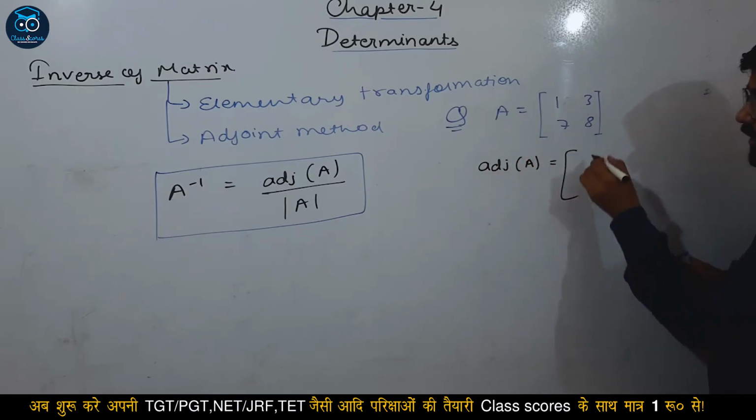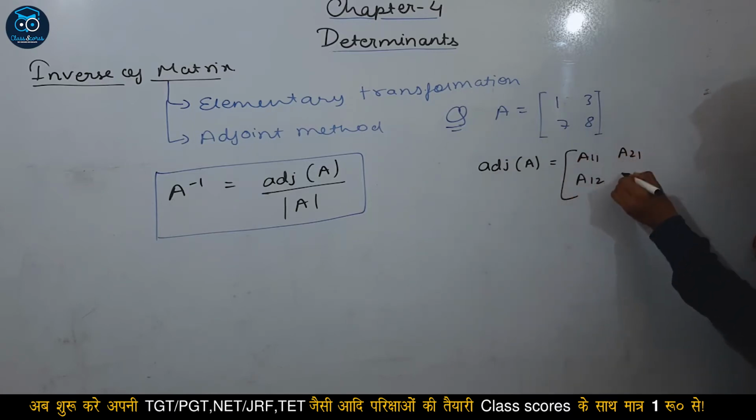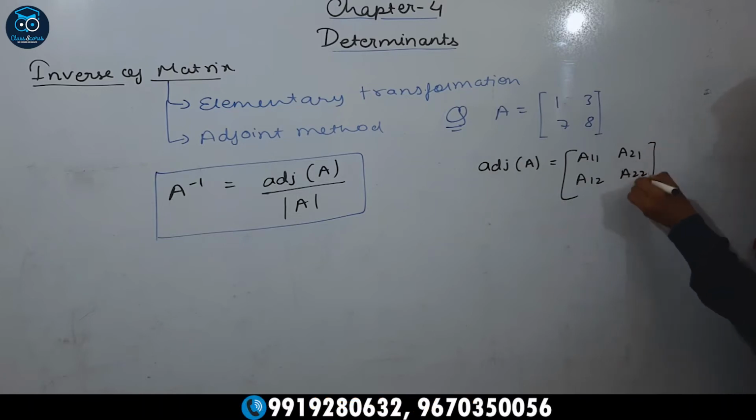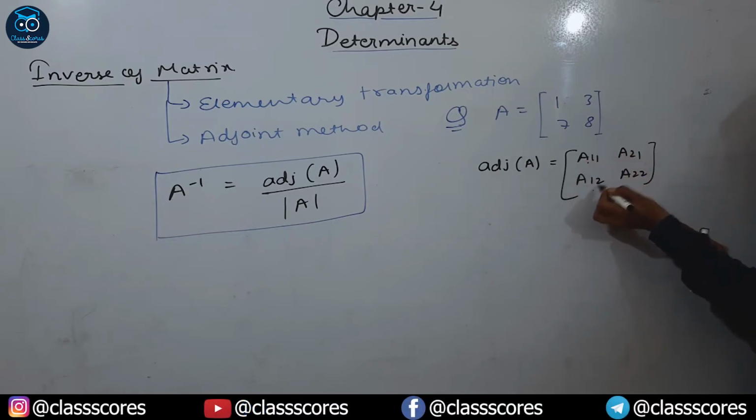We can simply say it is the transpose of the cofactor. Cofactor A11, A12, A21, A22, and when we transpose, we get A11, A21, A12, A22. Clear?